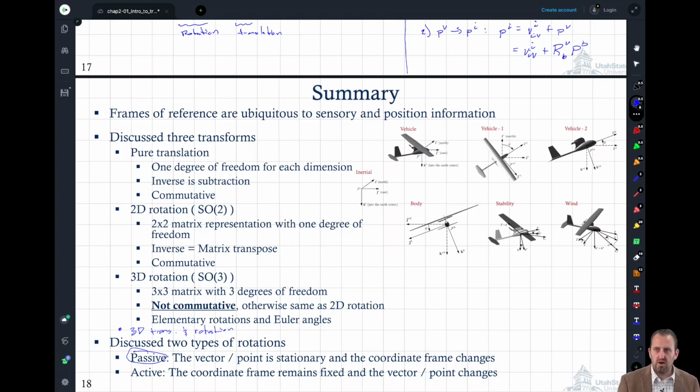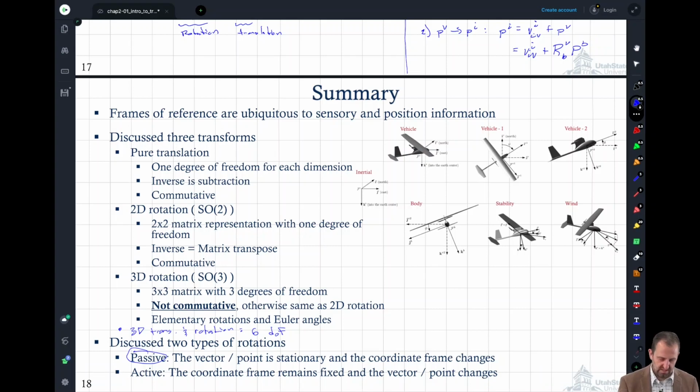Okay, so on our pure translation, we're going to have 1 degree of freedom for each dimension, right? In our 2D rotation, we actually only have 1 degree of freedom. In our 3D rotation, we have 3 degrees of freedom. So when we do 3D translation and rotation, that's going to be 6 degrees of freedom: 3 for translation and 3 for rotation.